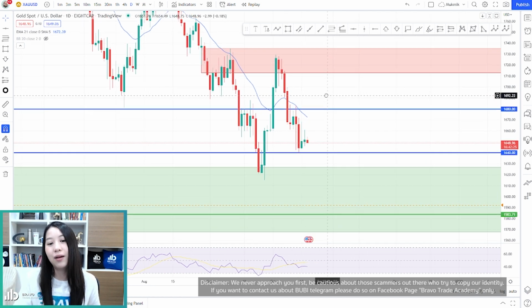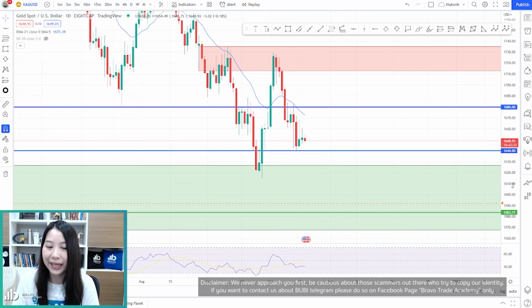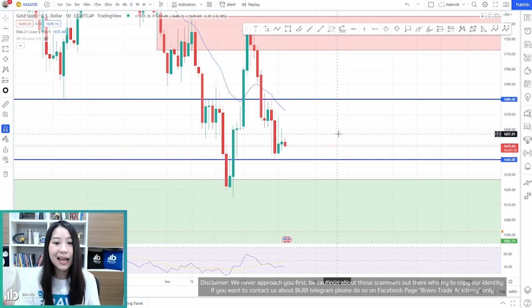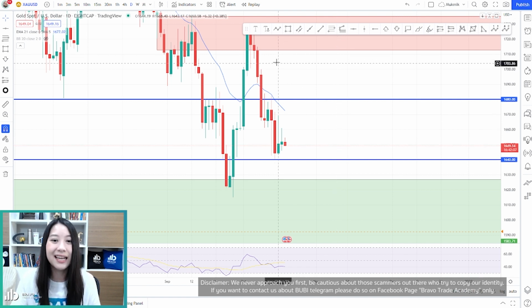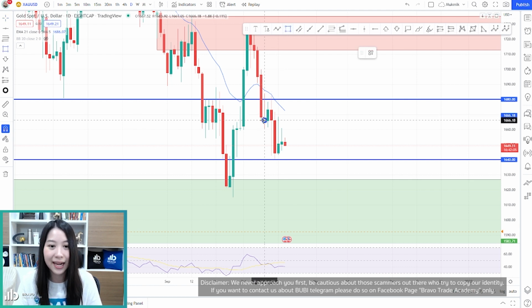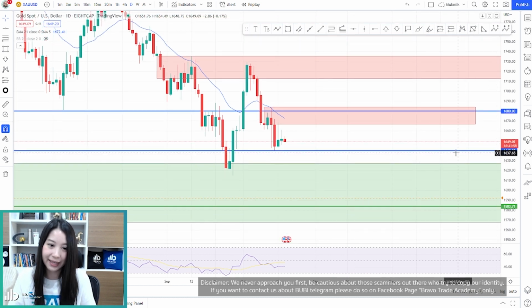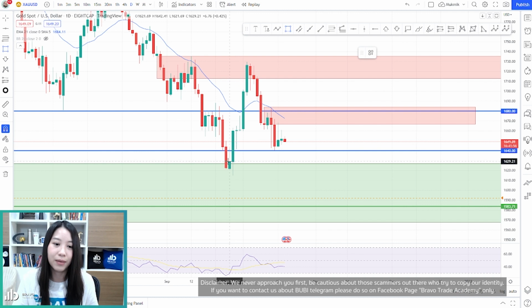What about the candlestick? I would say it cannot tell much. Even though it's a bullish one, it is an inside bar, so there is no strong buying power and no strong selling power either. As I said, it is still in the deciding state. Let me put up this supply zone here for the daily time frame and the demand zone here for the daily time frame.